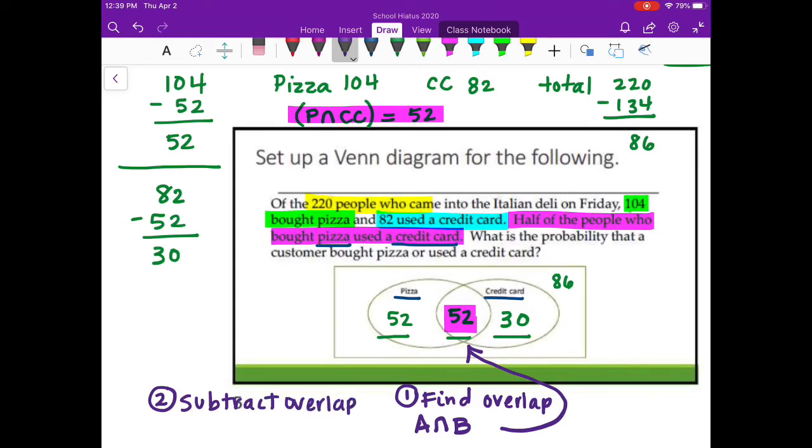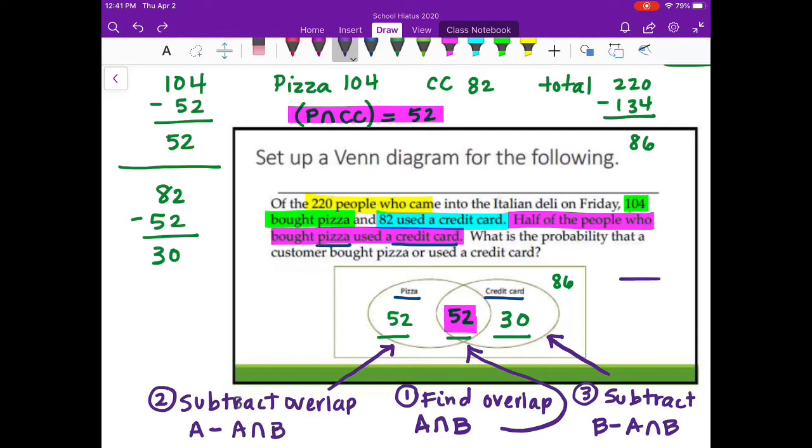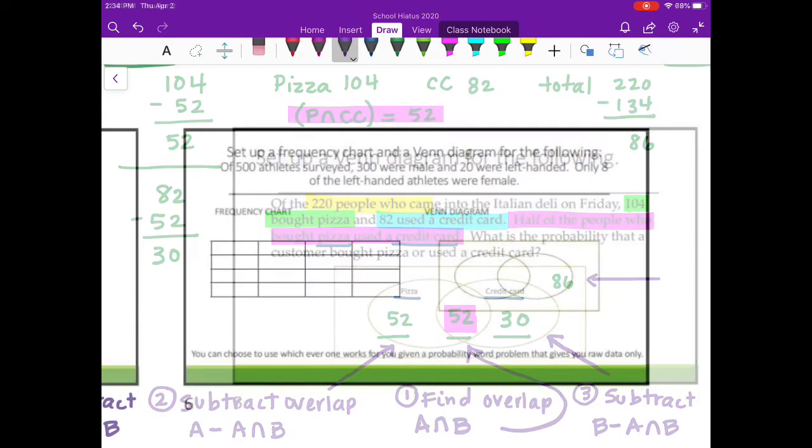In this case, event A is pizza, so I'll take the total for pizza and subtract the event overlap. And I'll do the same thing on the right-hand side for event B, which in this case is credit card. You'll take event B and subtract the overlap from that as well to fill in the other circle in the Venn diagram. Finally, subtract the data within your categories from the total to find what remains in the universe.